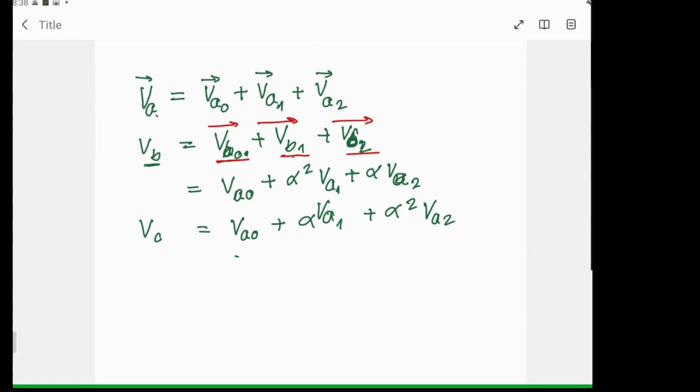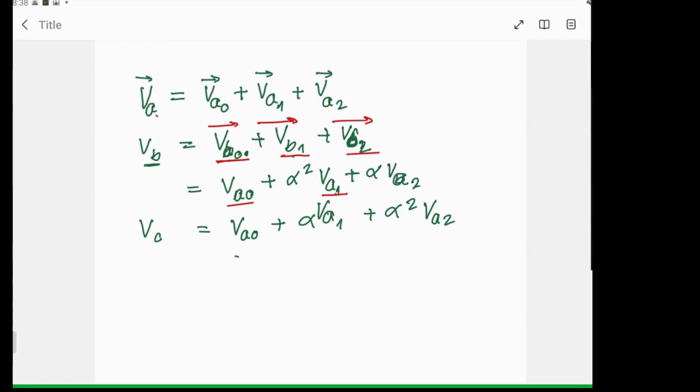Now, whenever it is a vector, I need to consider the angle and the magnitude. So this one is the magnitude and the angle is 0 degrees, so I have not written anything. But for this one, the magnitude will be the same as the positive sequence of the A phase, but it has to be rotated by 120 degrees. The 120 degrees twice, that means positively 120 degrees, A square.